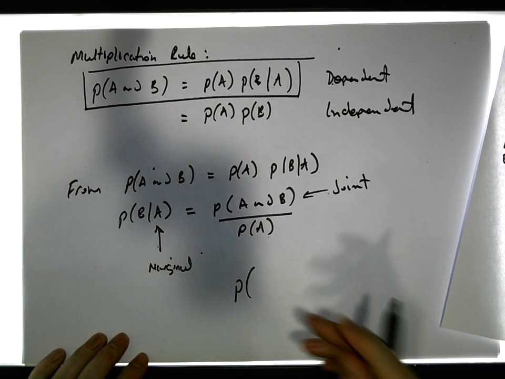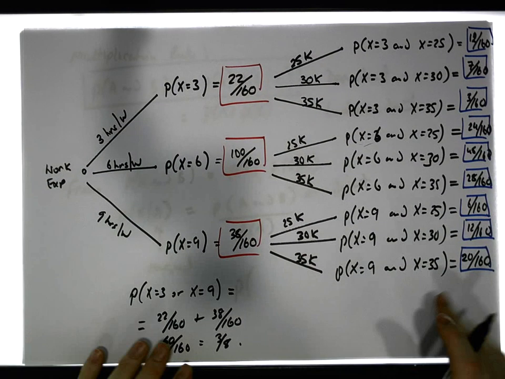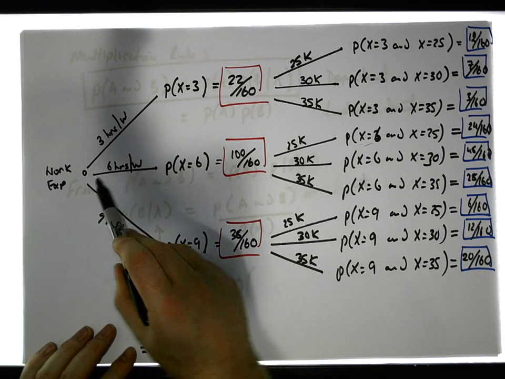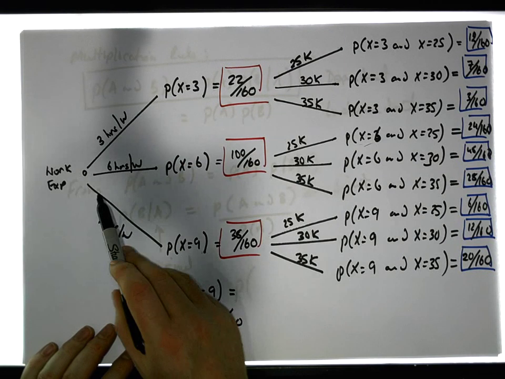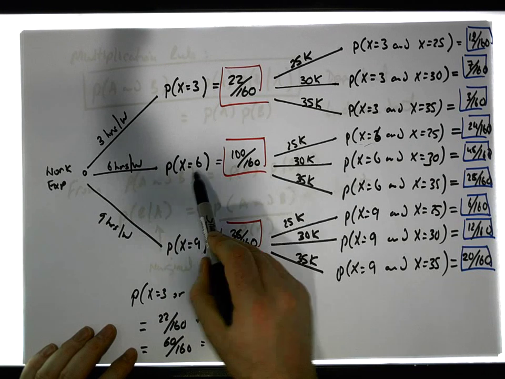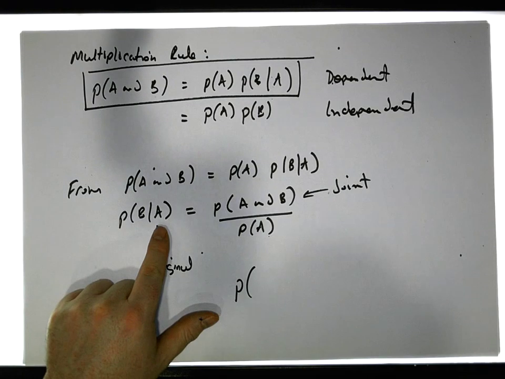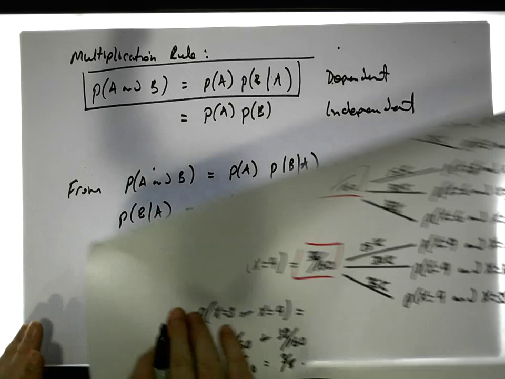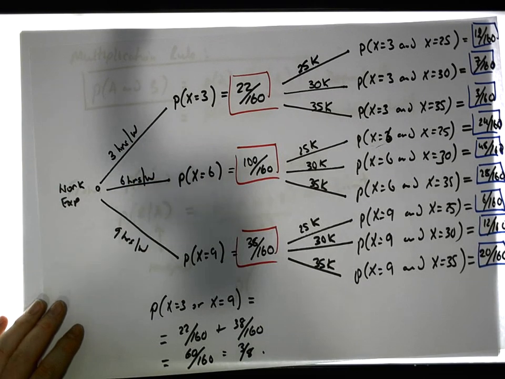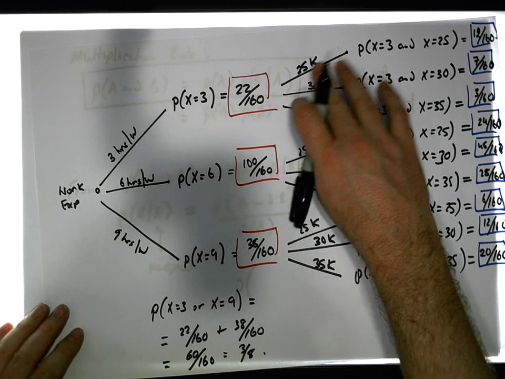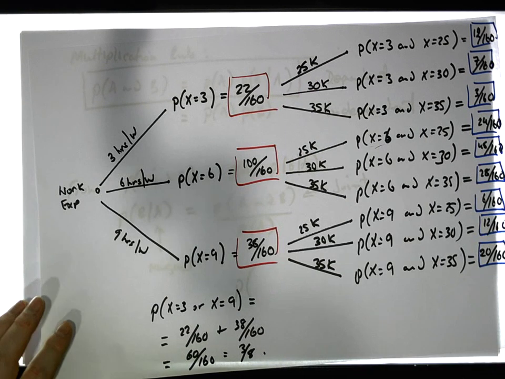Now, the way this tree is laid out, the information that's provided in this case is work experience, which was always going to be this marginal here. So knowing one of these things, can we figure out what these probabilities would be down here of getting 25, 30 or 35,000 euros?